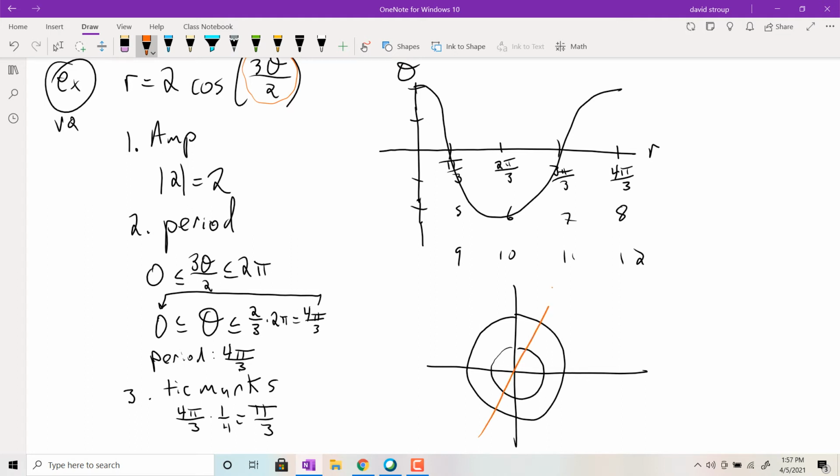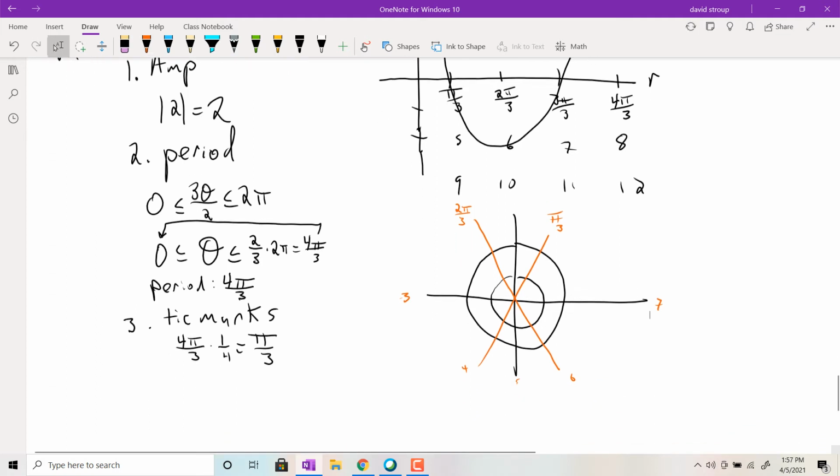So here's pi over 3, 2 pi over 3, 3 pi over 3, 4 pi over 3, 5, 6, 7. Whoops, did I miss one? 1, 2, 3, 4, 5, 6 pi over 3, which is really 2 pi, or 0. Okay. All right, so this is pi over 2, 3 pi over 2, if you wish.